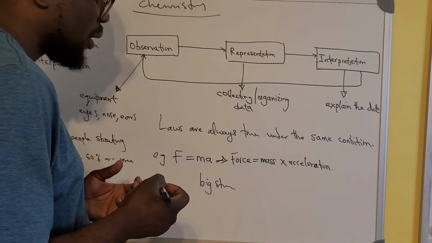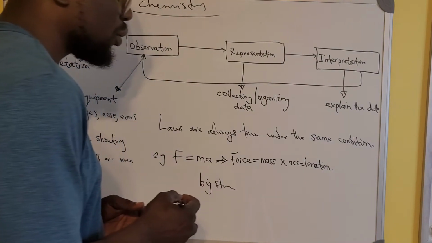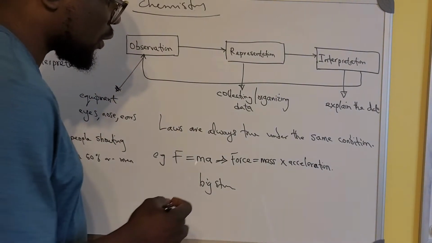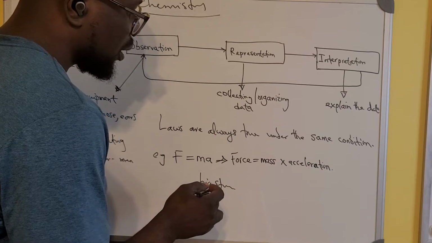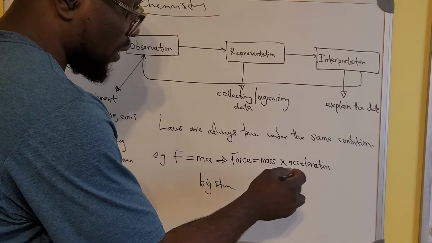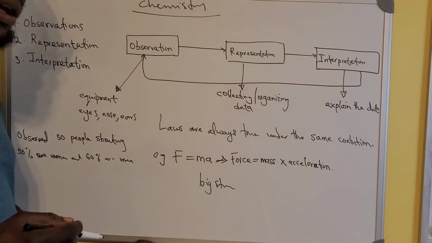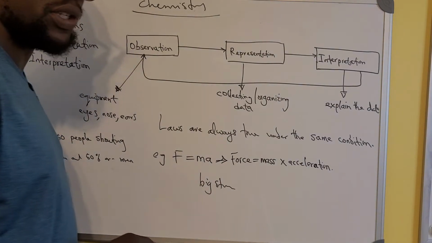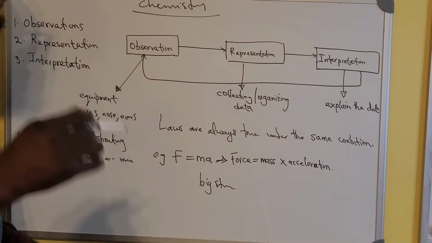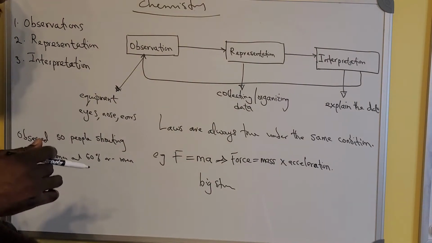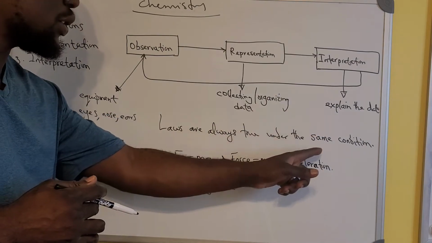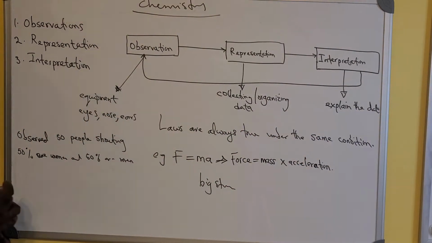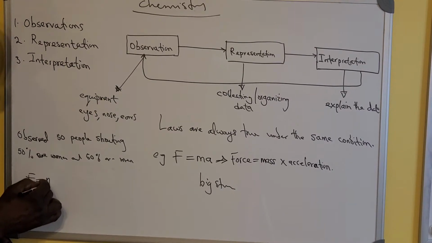If you have a small stone and you throw it very fast, the force of the big stone with the fast acceleration is going to be greater than the force of the small stone with the same acceleration. It is always going to be true. If it's always going to be true under that same condition, then it is a law.